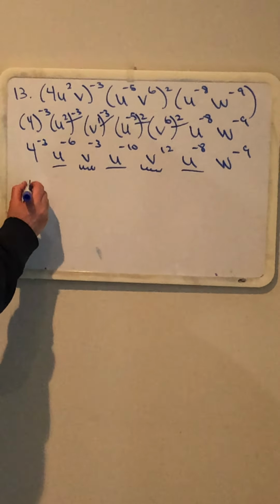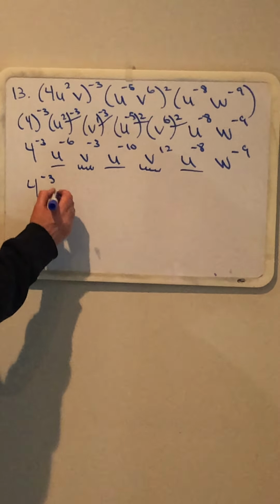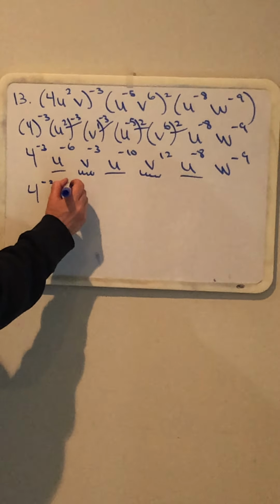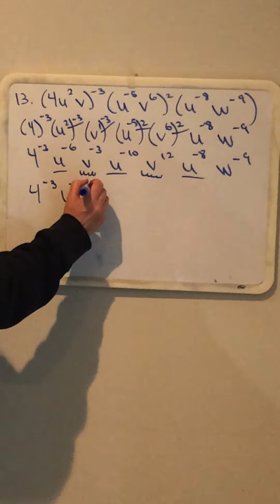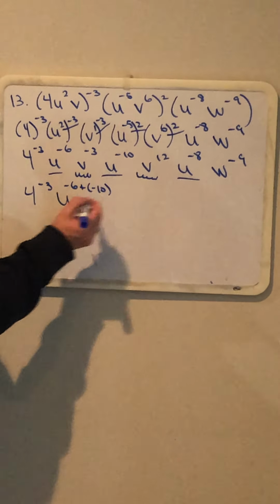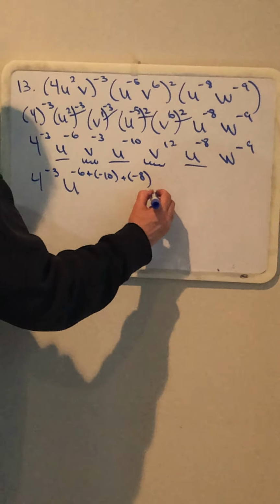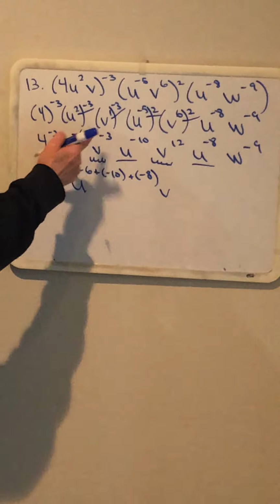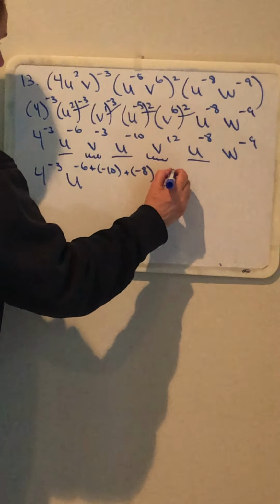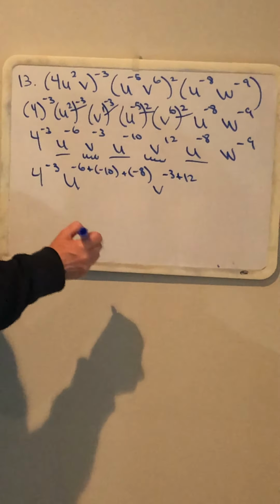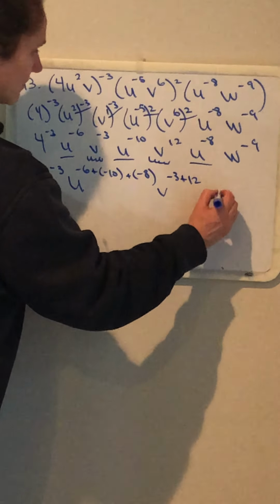So now you have 4 to the negative third, u to the negative 6 plus negative 10 plus negative 8, v to the negative 3 plus 12, and then w to the negative 9th.